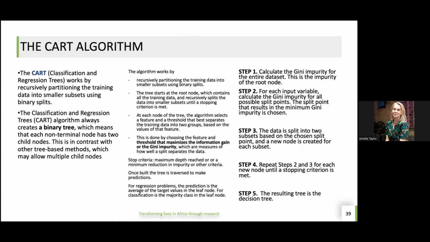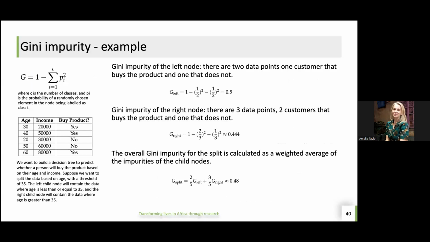The other thing I was showing you last time is this CART algorithm. So the CART algorithm is implemented by many machine learning libraries. And we looked at this algorithm slightly together, not for a long time, but we talked about the Gini impurity index and how this algorithm would be able to use that to build a tree.